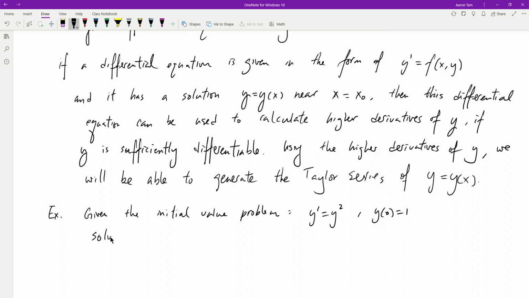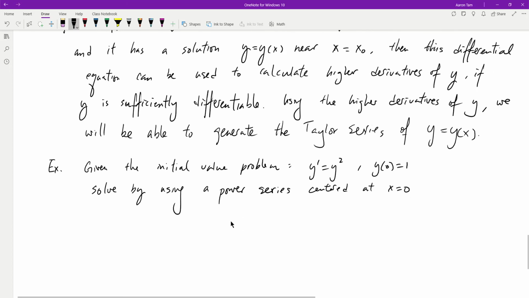We're going to try to solve it by using a power series centered at x equal to 0. Notice that we are given the initial condition at 0. That's why our power series will be centered at 0. So what do I mean by solving using a power series? Well, the power series I refer to is basically the Taylor series. So let's write out the formula for the Taylor series first.